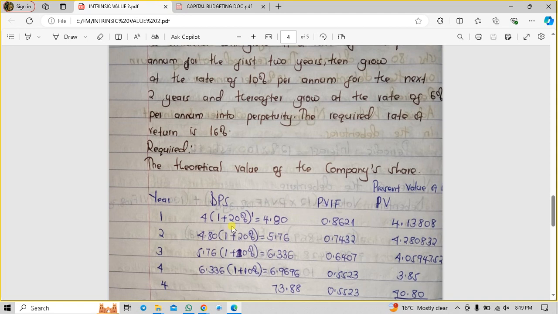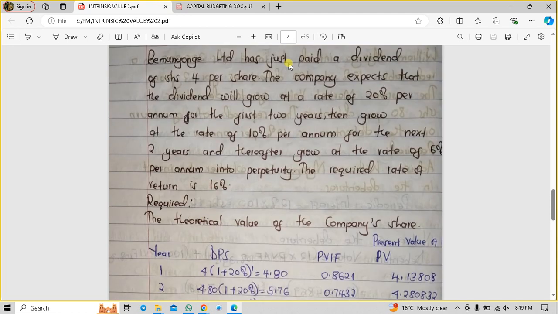The method that I would like to insist that you use is this one. We have a dividend of 4 shillings per share, the dividend that has just been paid. DPS means dividend per share.